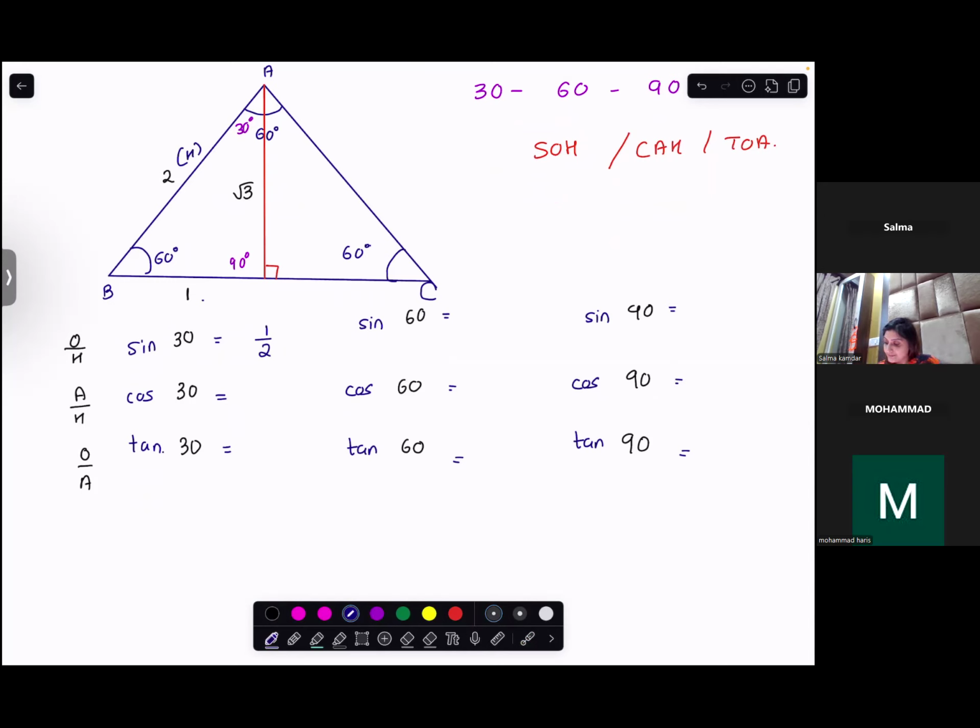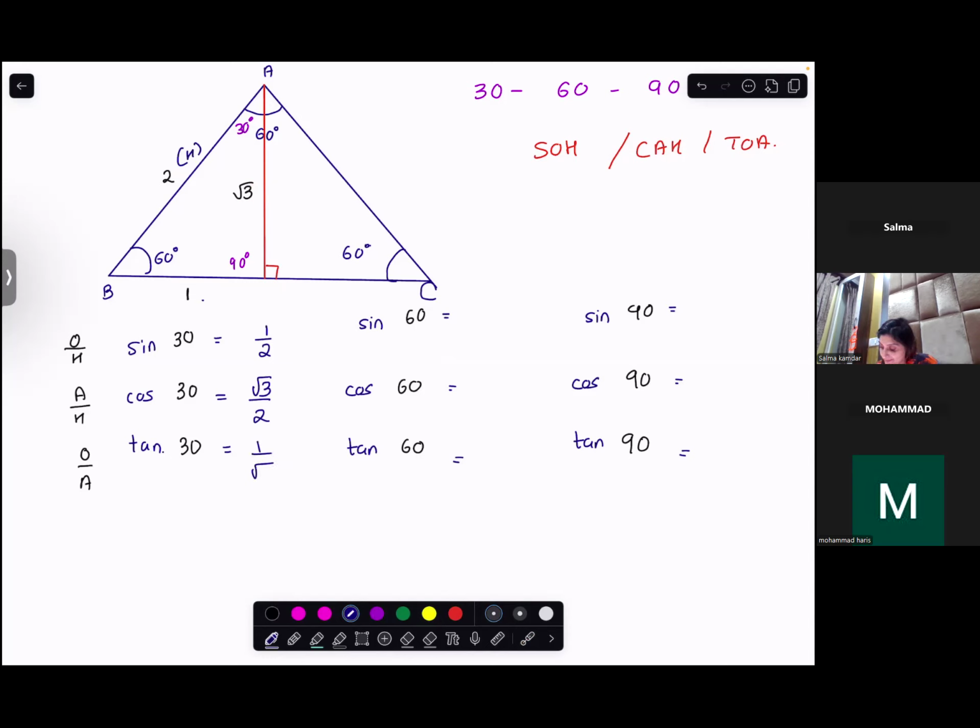Cos 30, which would be adjacent over hypotenuse, so it is root 3 divided by 2. Okay. And tan 30 is 1 by root 3.